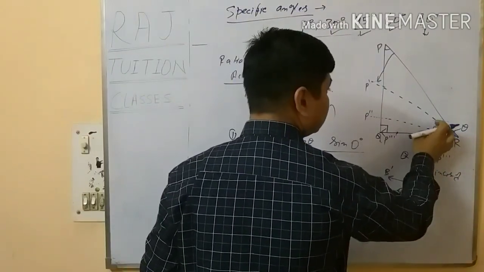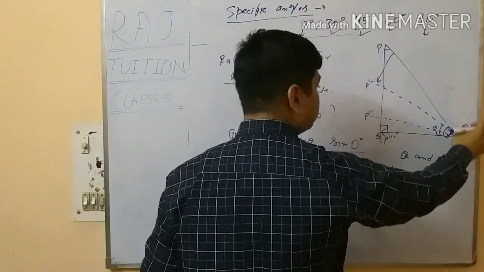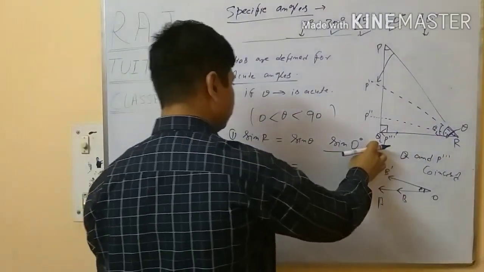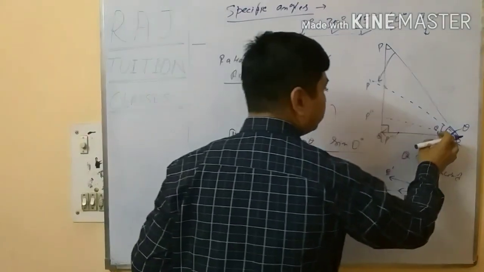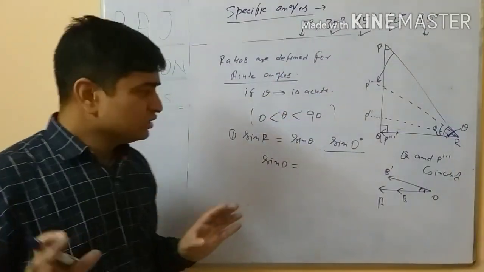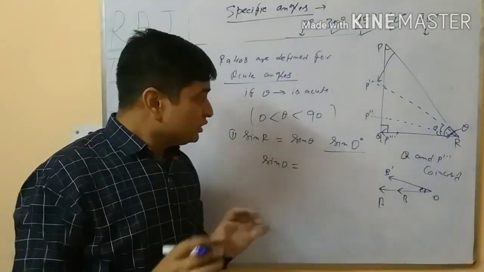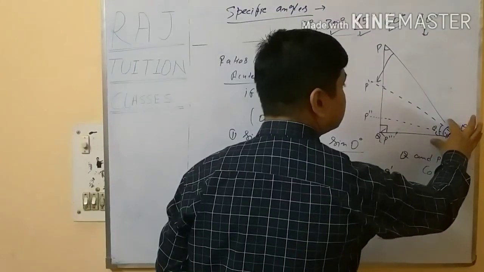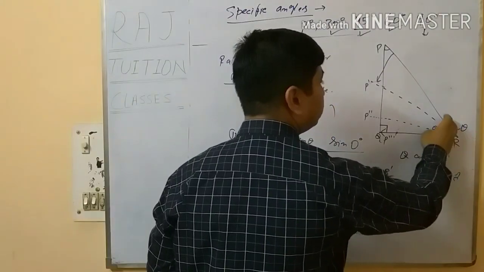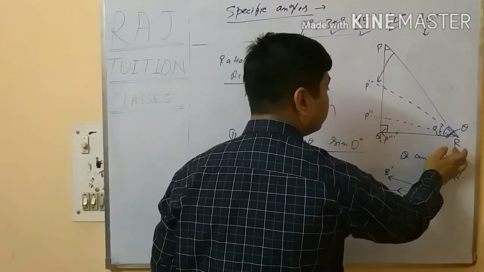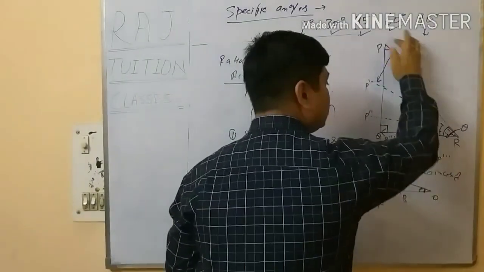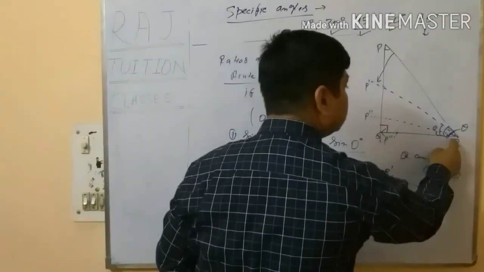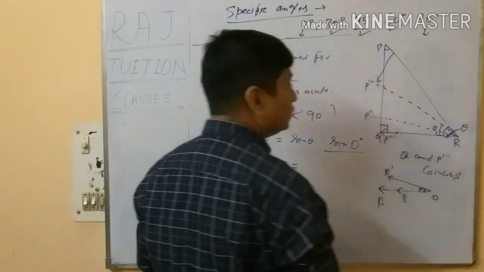So to make angle theta 0, we have to shift this PR over RQ. Don't get confused. The whole thing is that to make this theta 0, we need to rotate this PR over QR. And when PR and QR coincide with each other, this angle theta will become 0.